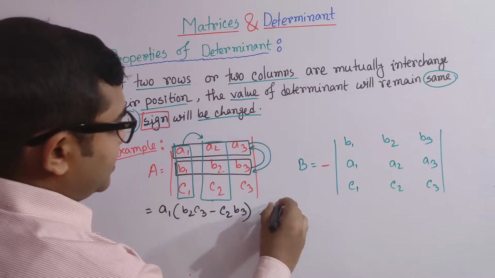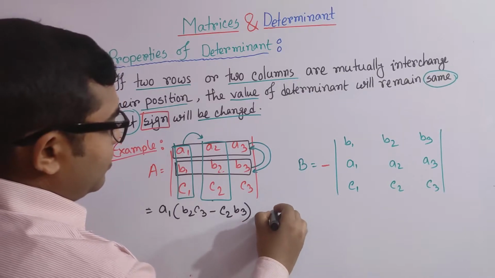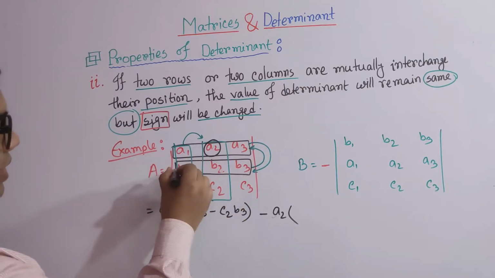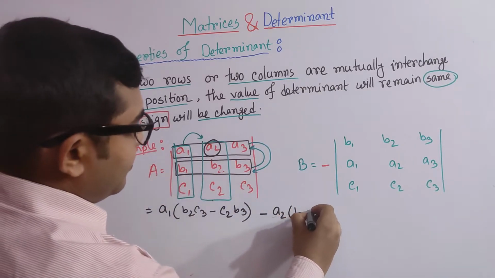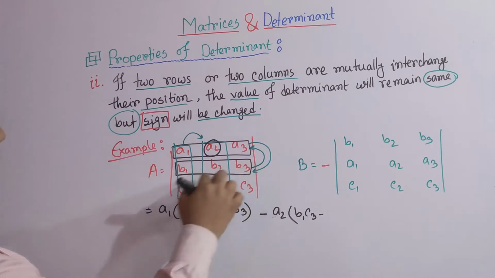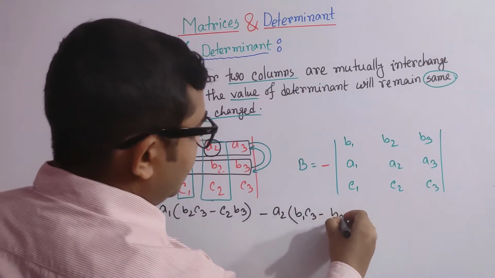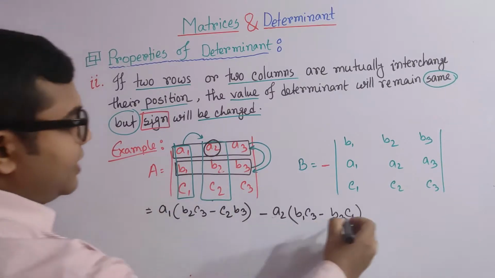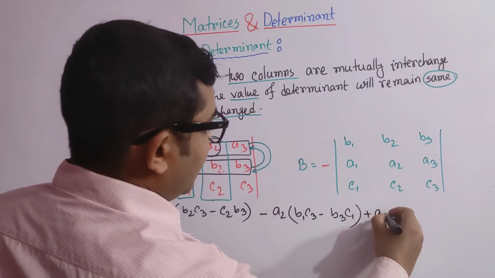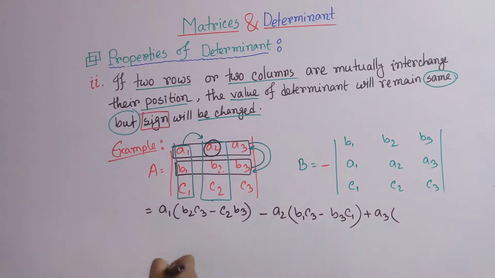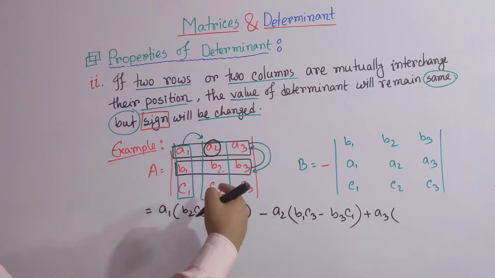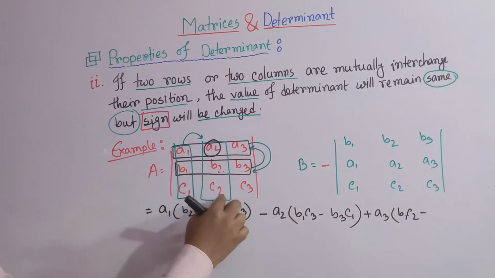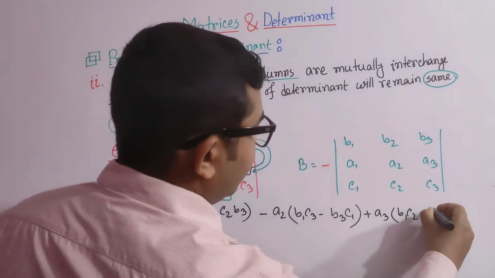Then minus A2, and for A2, this is gone, so B1 C3 minus B3 C1. And for A3, this is gone, so B1 C2 minus B2 C1.